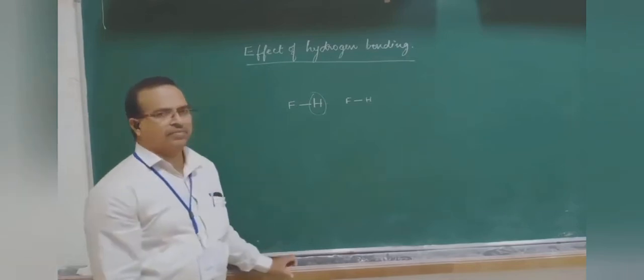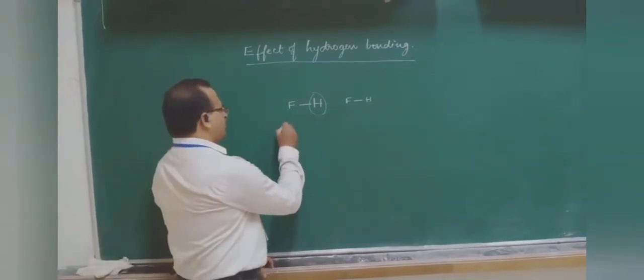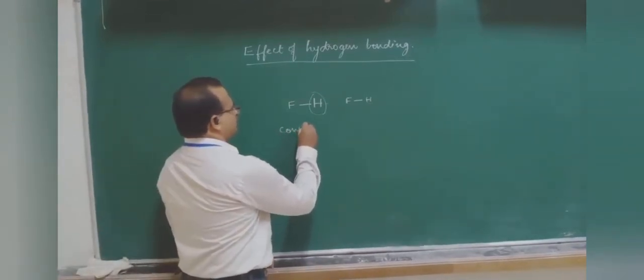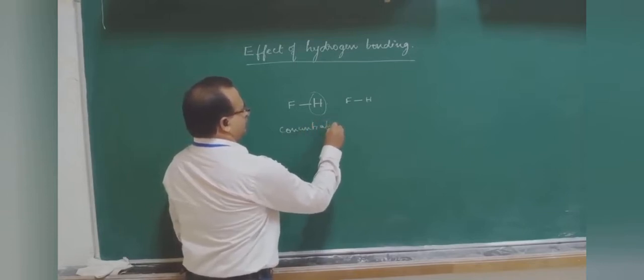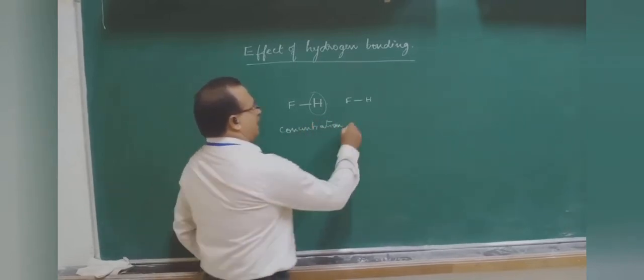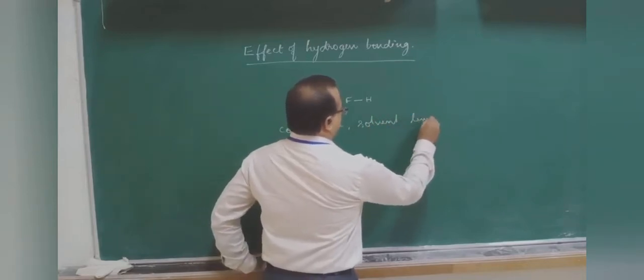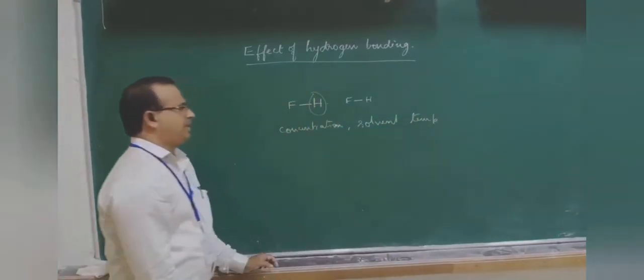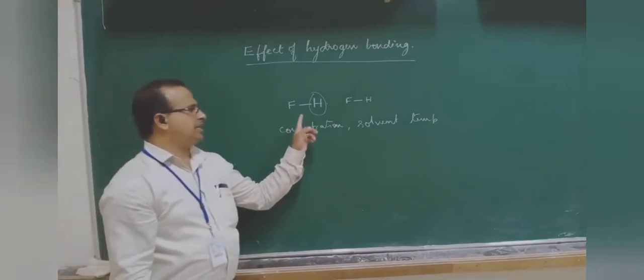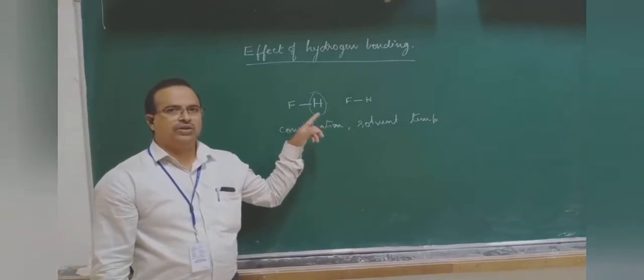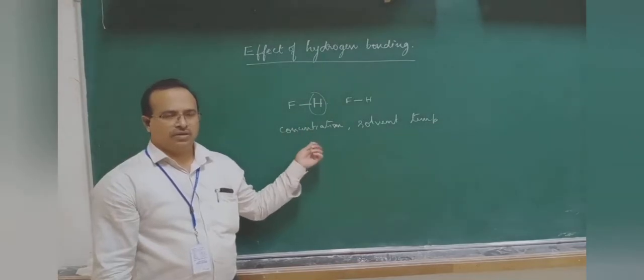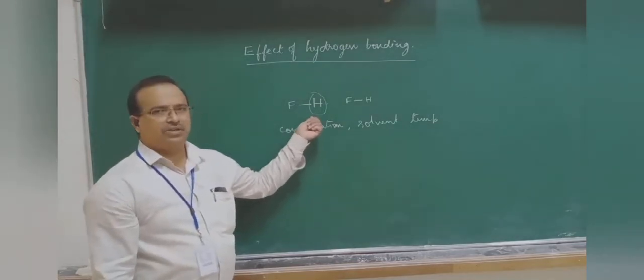The intermolecular hydrogen bonding depends upon concentration, solvents and temperature. So in a very concentrated solution, the extent of hydrogen bonding is more, and the deshielding is also more.